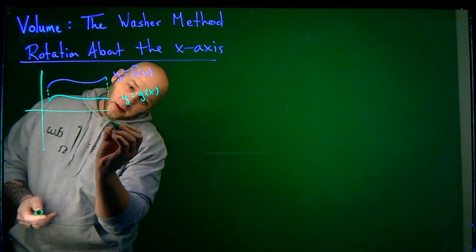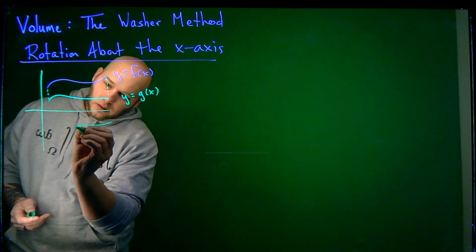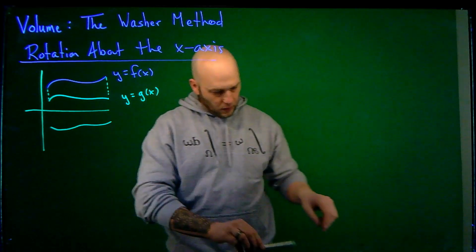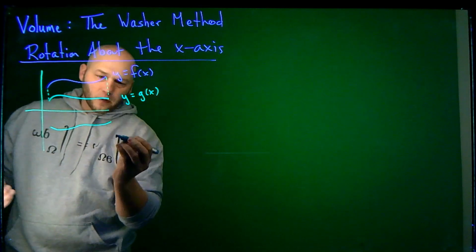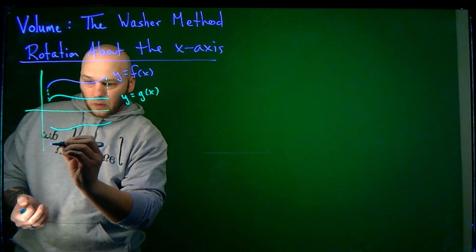And let me see if I can get a general idea of what that would look like. So let's say there's the symmetric image of, say, that graph. Not perfect, but hopefully it gets the idea across.